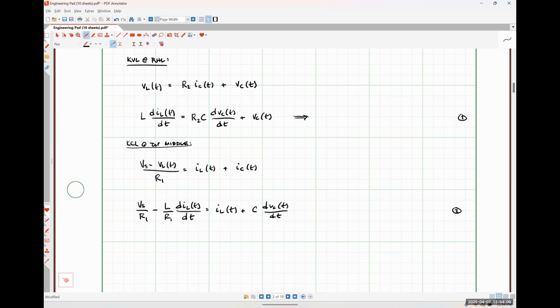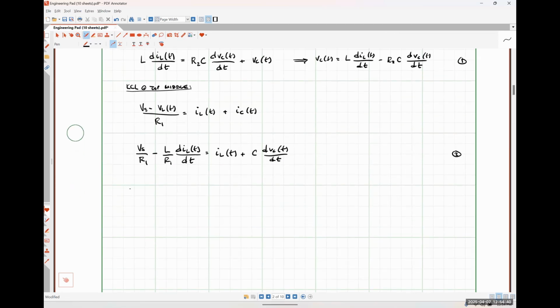But if I substitute that in, I think I'm still going to be missing something. So let's just look at this and see what happens here. So I could say that VC of t is equal to L dI by dt plus R2C dV by dt minus, thank you.